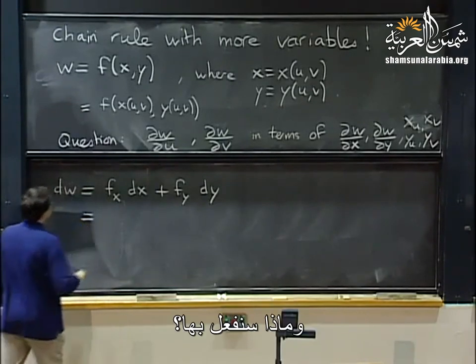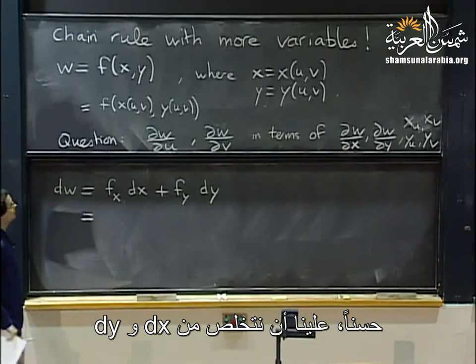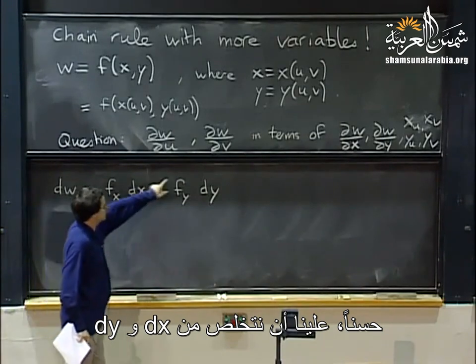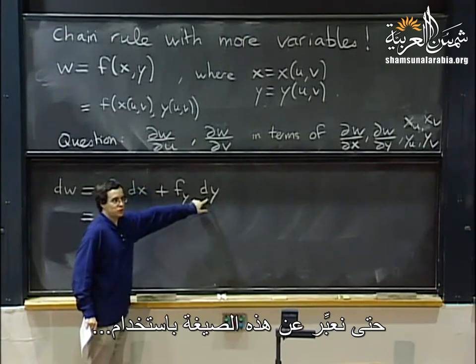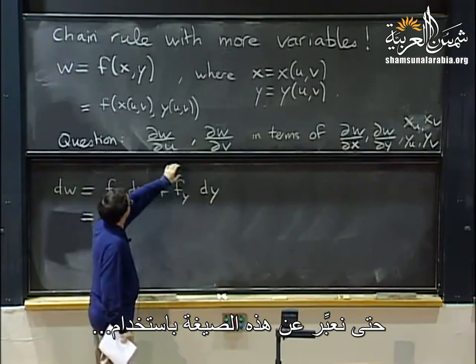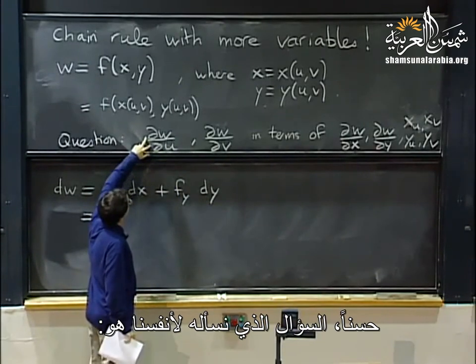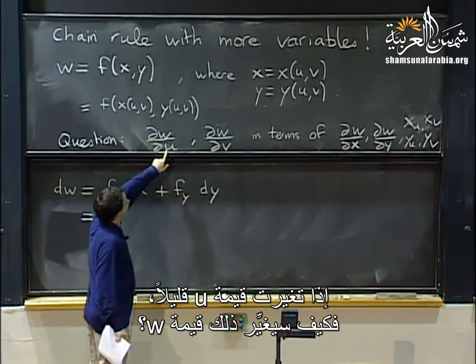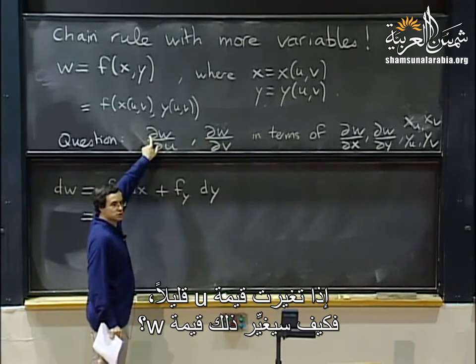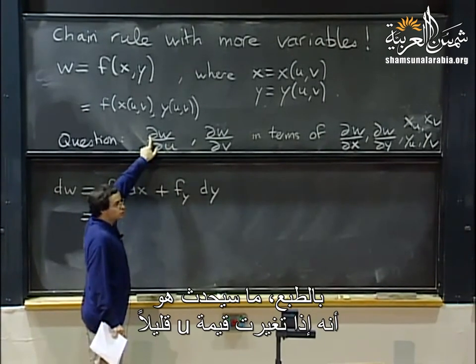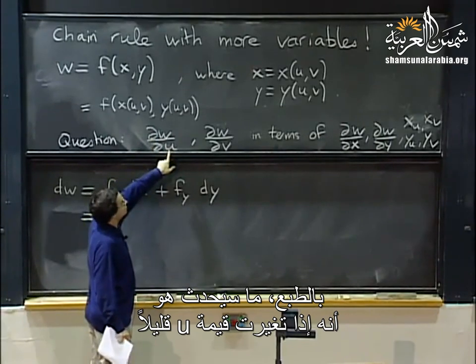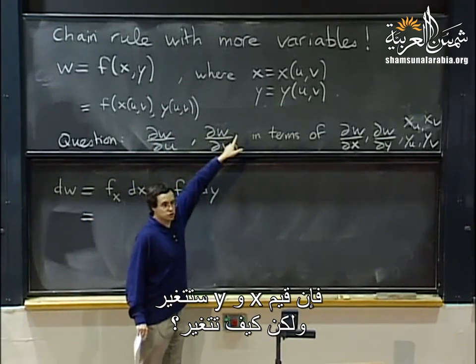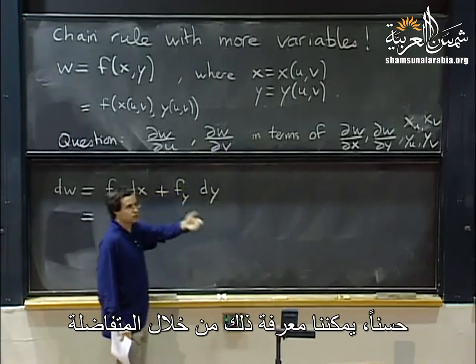Now, what do we want to do with it? Well, we'd like to get rid of dx and dy because we'd like to express things in terms of, the question we're asking ourselves is, let's say that I change u a little bit, how does w change? So of course, what will happen is if I change u a little bit, then x and y will change. How do they change? Well, that's given to me by the differential.